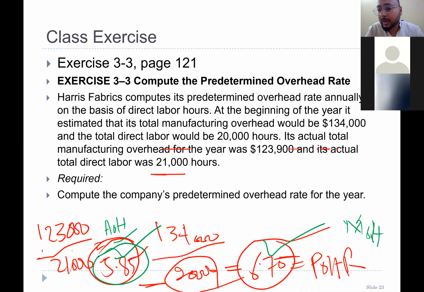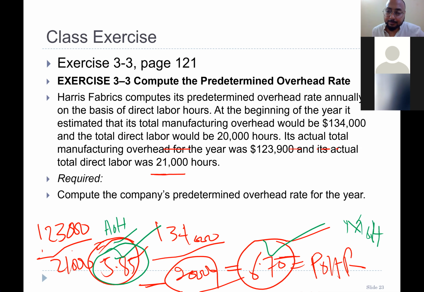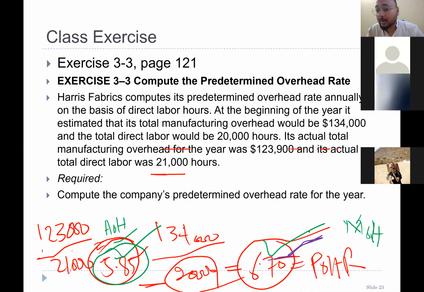Coco, Junpyo, Subhan, is it good or bad? Normal, is it? I asked good or bad, not normal. Just tell me. You estimated at the start of the year that your manufacturing cost is going to be 6.7.